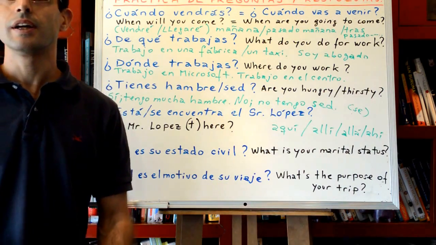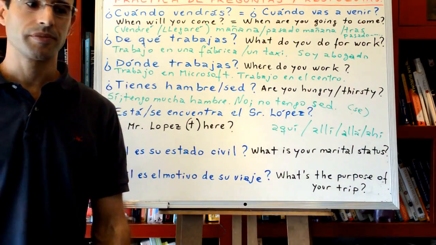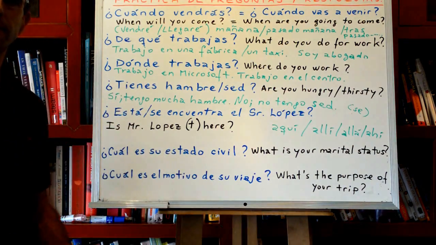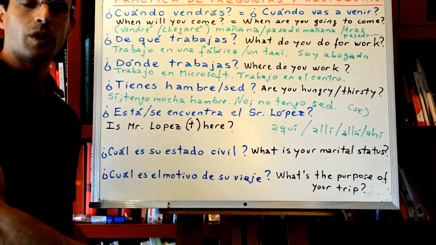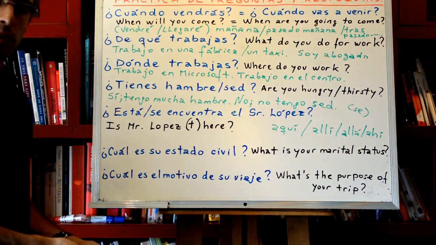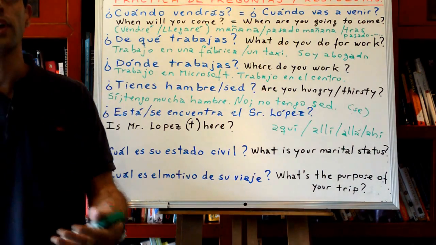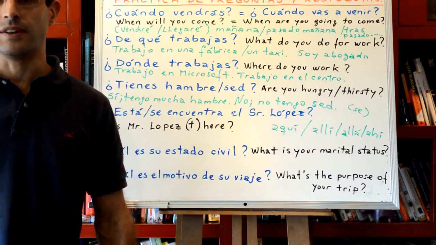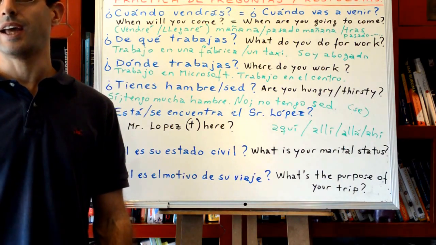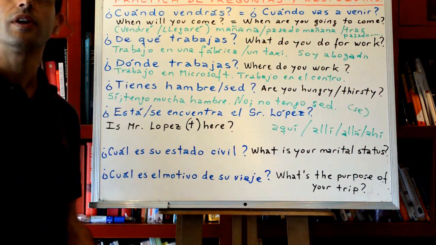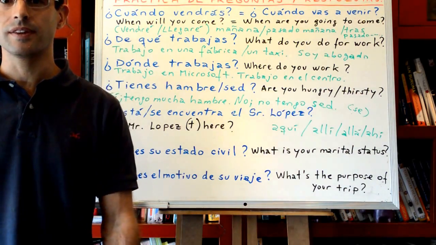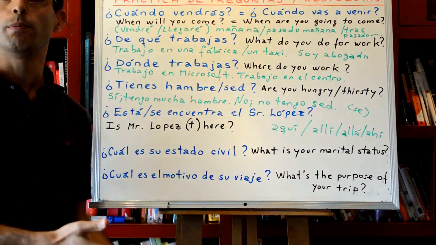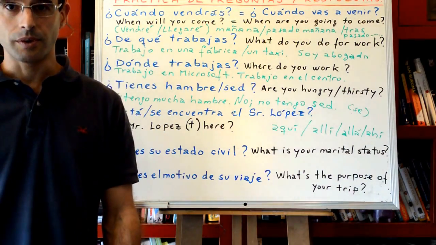Obviously, I mean where he is, over there. If that person is here with me and I ask him, ¿está el señor López? I'm asking if he's right here with us. Now, if we are talking about another place, and then I ask him, ¿está el señor López? Obviously, because of the context, I want to know if Mr. López is over there, okay?